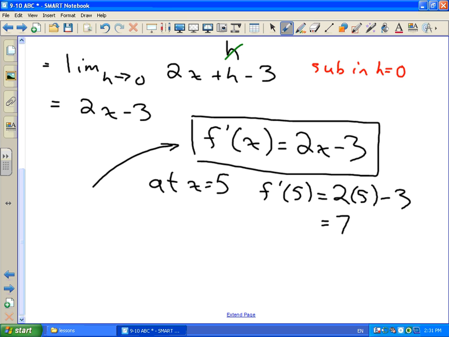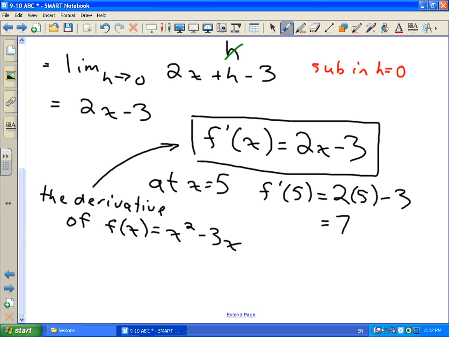This is the derivative of f at x equals x squared minus 3x, which was my original function. Okay. And that's it for box C.